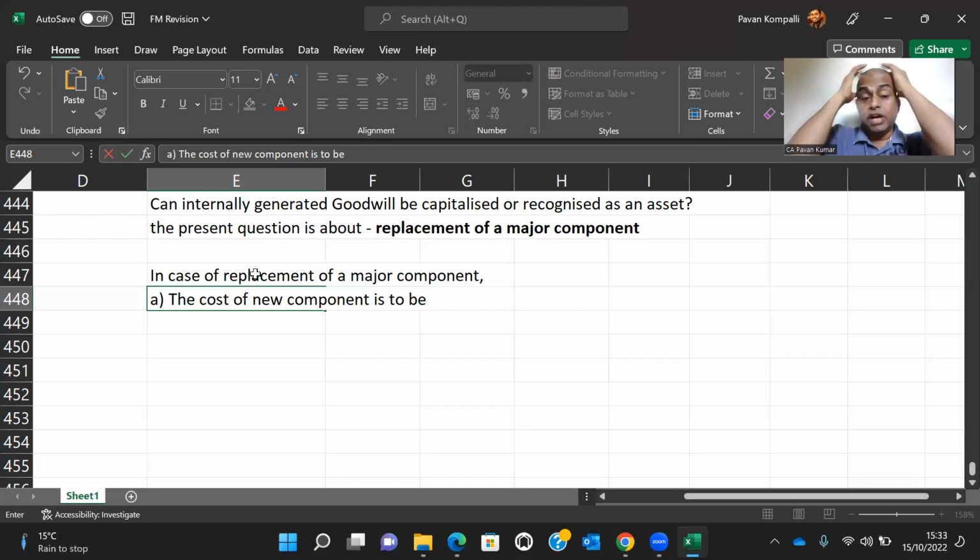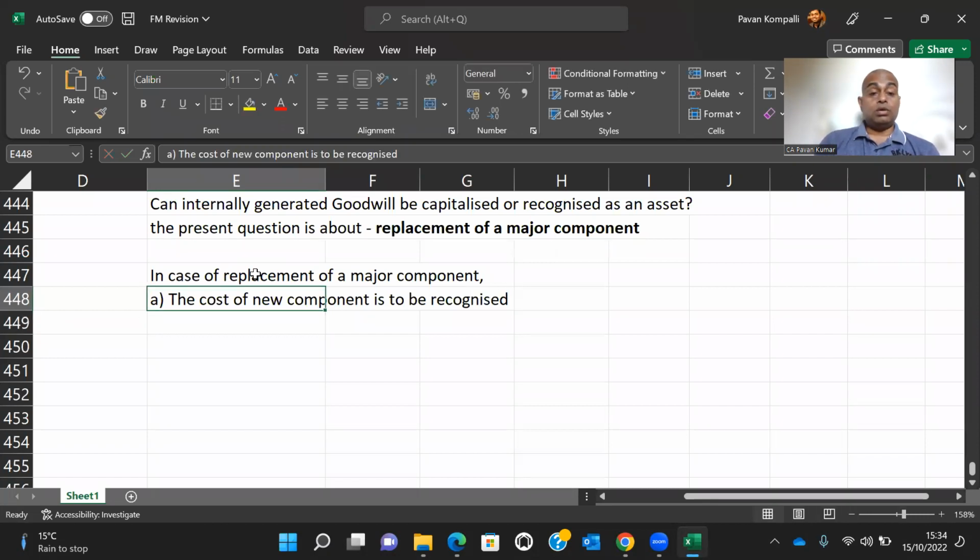Is to be capitalized, correct. What is the exact word to be used there? Vocabulary. You can say capitalized, you can say added, but both are not the correct vocabulary. Recognized.